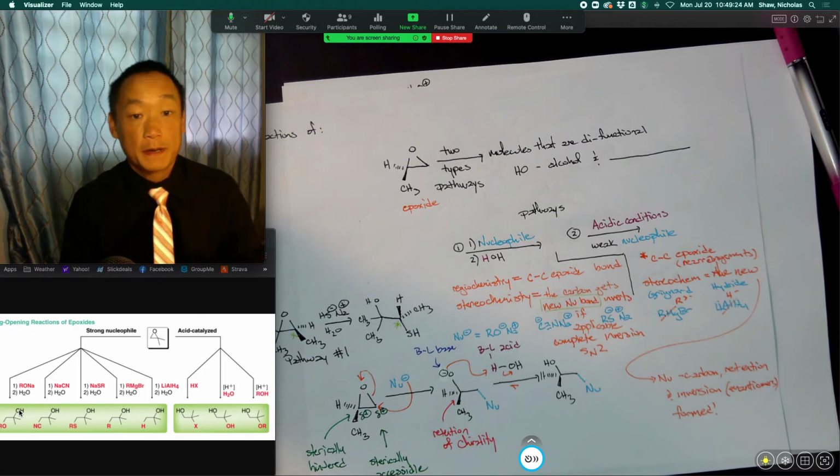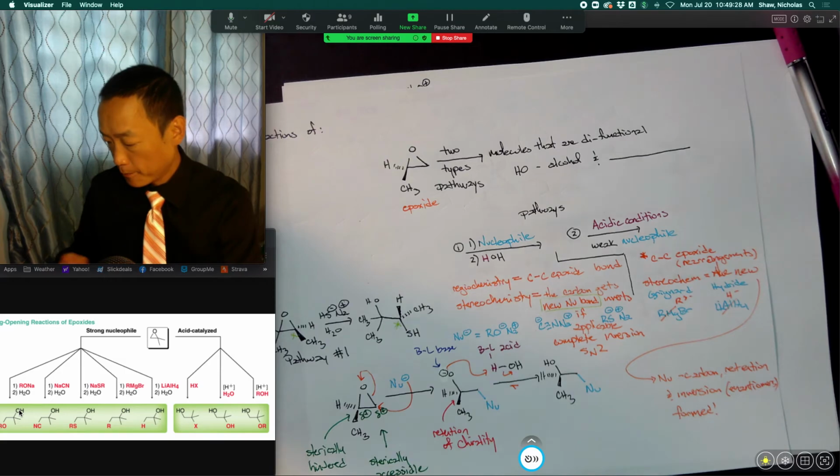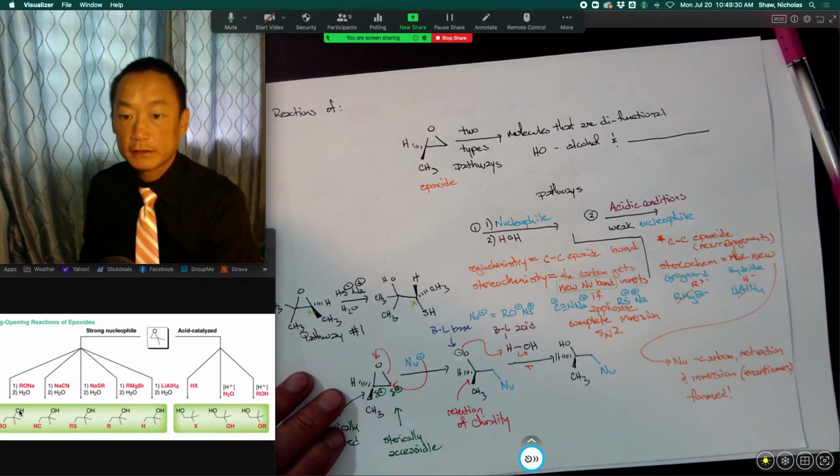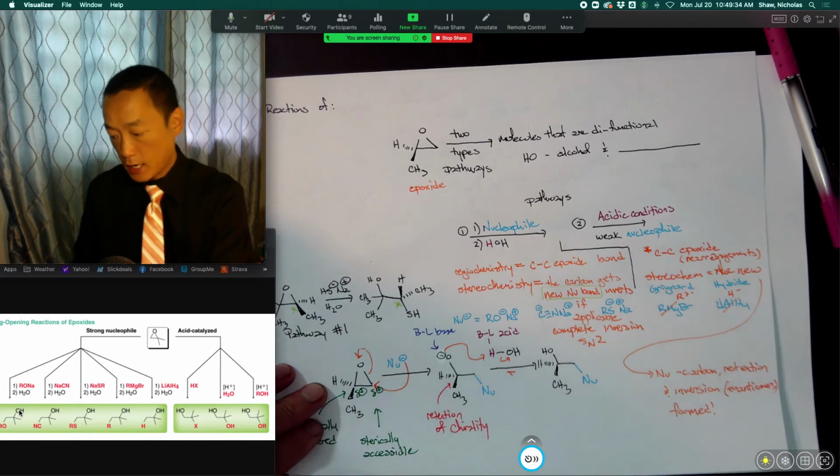And so we would expect to see these products generated in an enantiomeric pair, which isn't necessarily optimal, but certainly the result of this pathway.